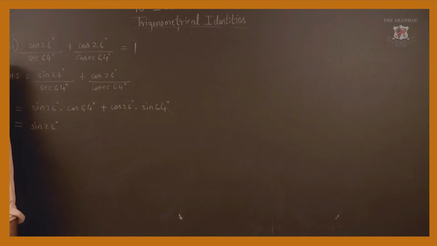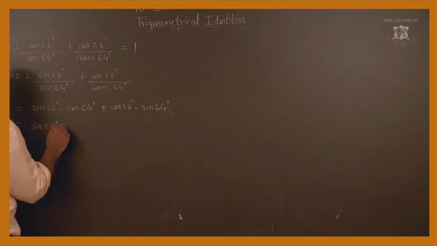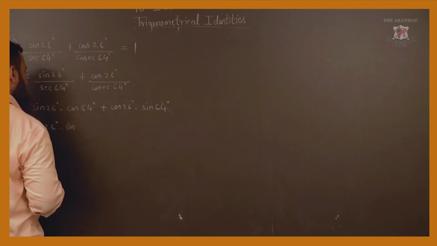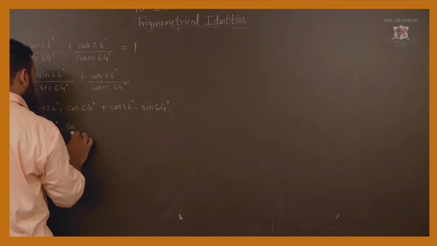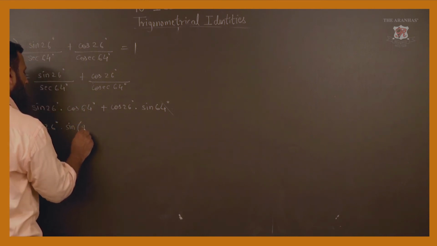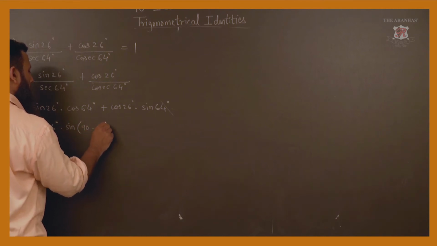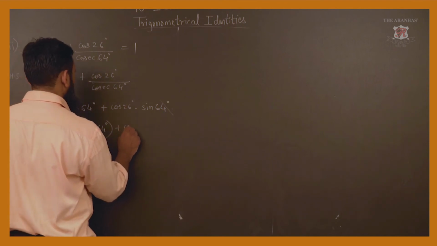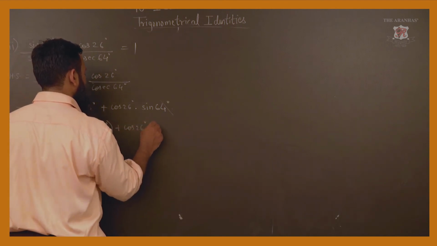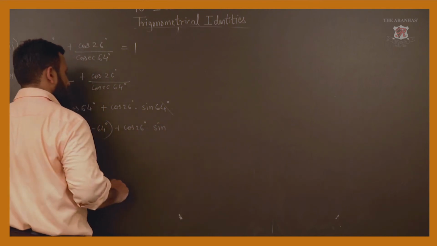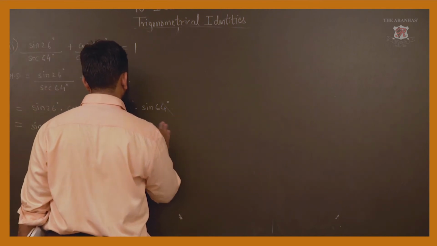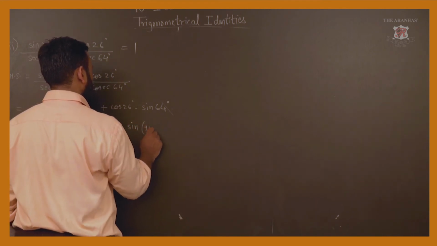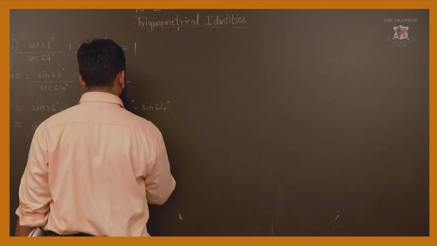So sin 26 degree, can I write this as... cos A is sin 90 minus A, and cos 26 degree can be written as... here sin 90 minus theta is cos theta.